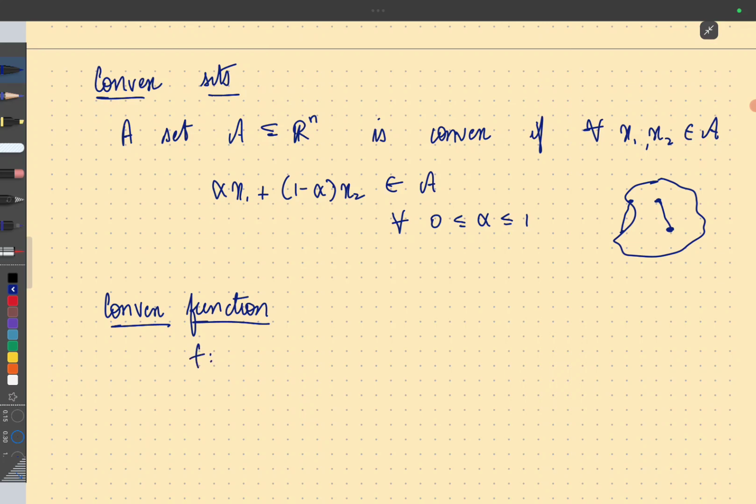All right, so similarly, if I have a function that is defined on a convex set, so I have some function which is defined maybe over a subset of R^n. It need not be defined over all of R^n.